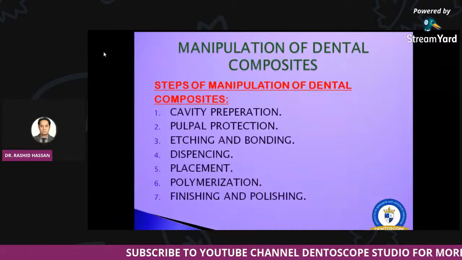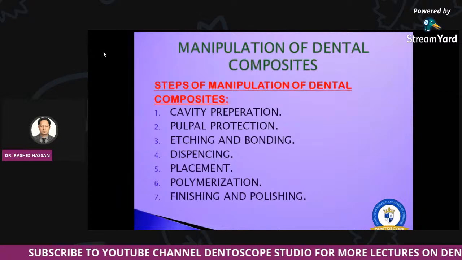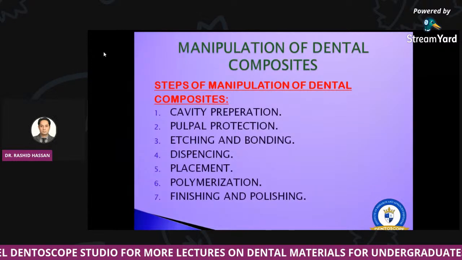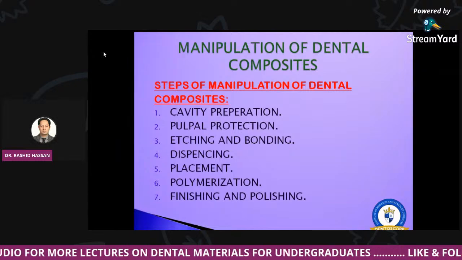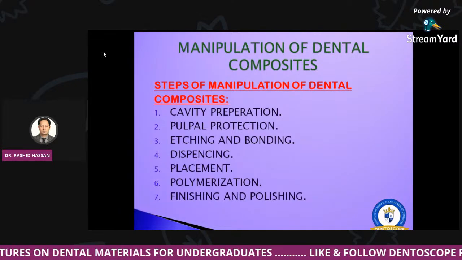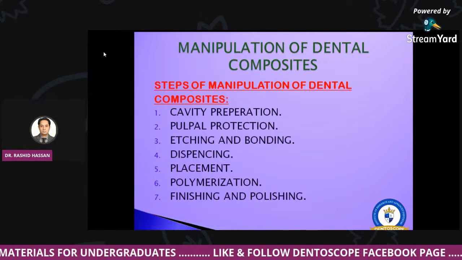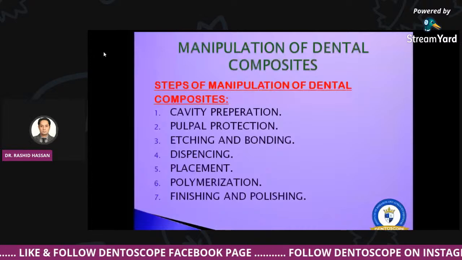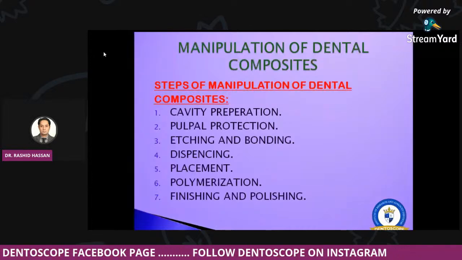Then you dispense the dental composite from the syringe as directed, and place it into the cavity that you have prepared. And then the polymerization reaction starts as you put the blue light after doing all the carving procedures.